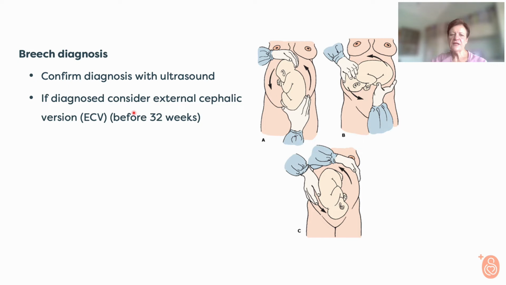This can only be done up to 32 weeks of pregnancy, because after 32 weeks the baby is getting too big, and it becomes dangerous to do an external cephalic version, because the possible incidence of placental abruption and other injuries becomes too big. So this can be done before 32 weeks and not after.